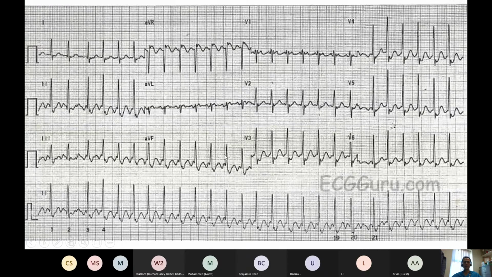So have a look at lead 2 at the rhythm strip. And can you tell me anything about the appearance of the rhythm strip? Is this regular or irregular?